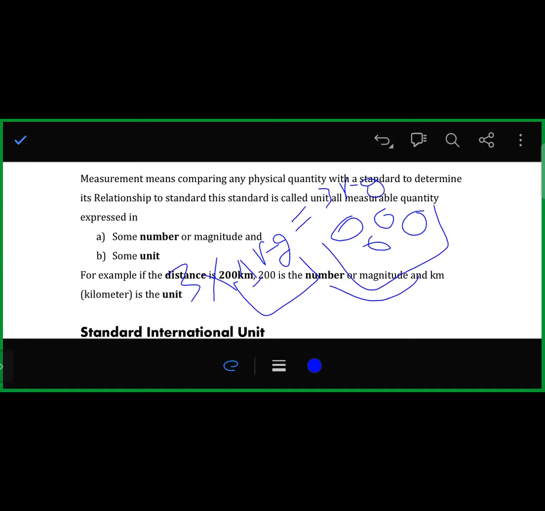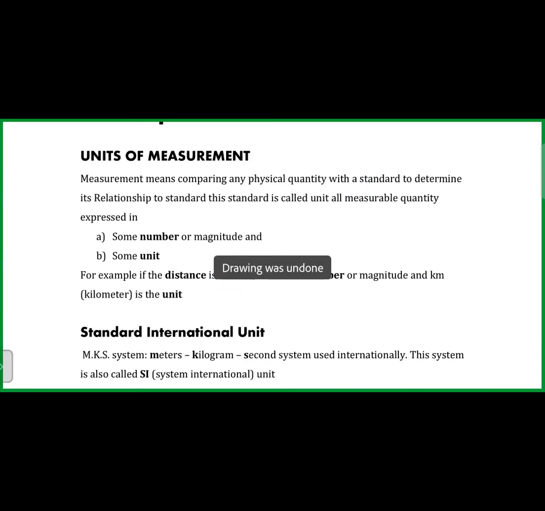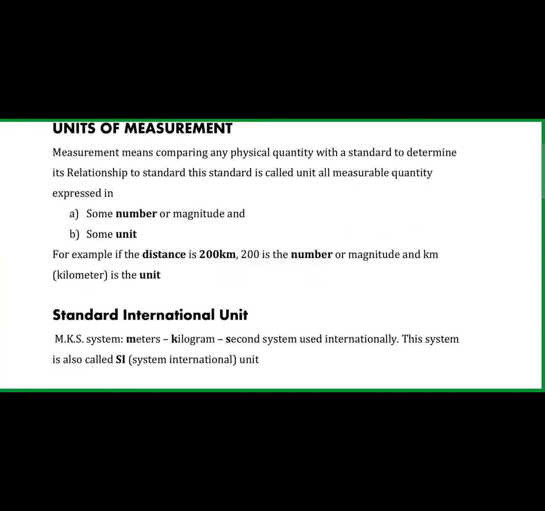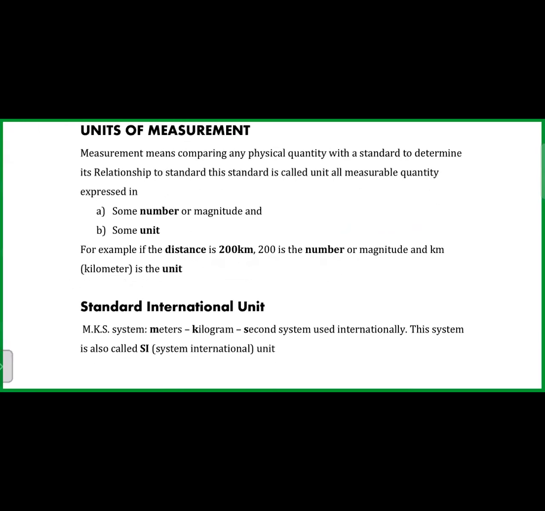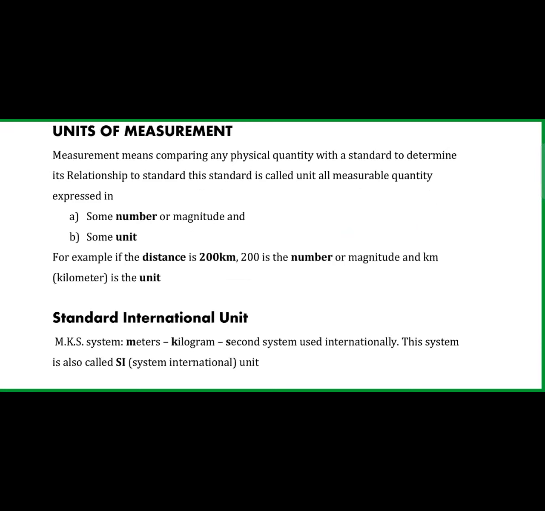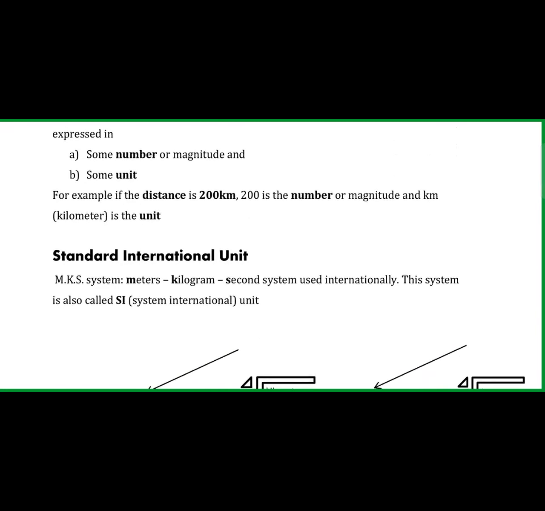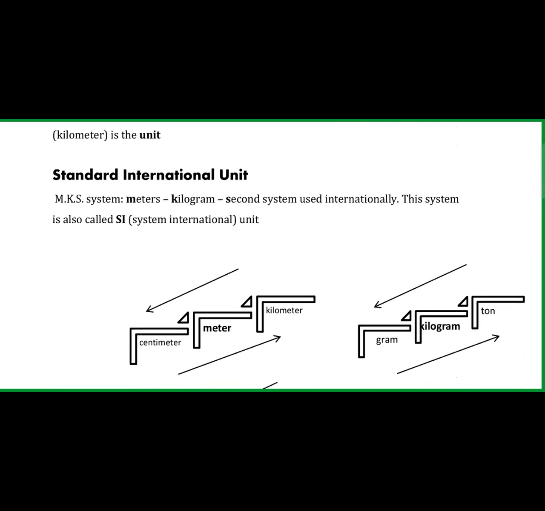For a complete definition of a physical quantity, we need the amount and the unit. We need what? 3 kg, or three boxes of tomato? So we must tell the unit: 3 kg, 3 grams, 3 pounds.